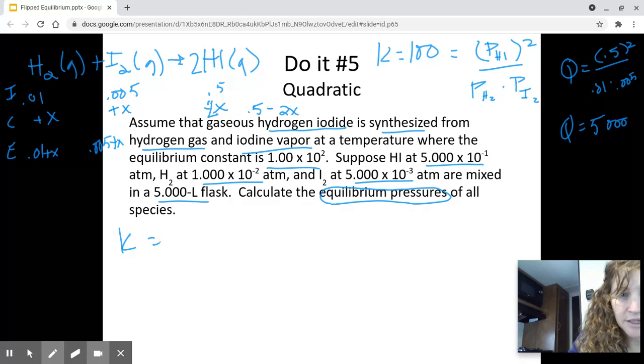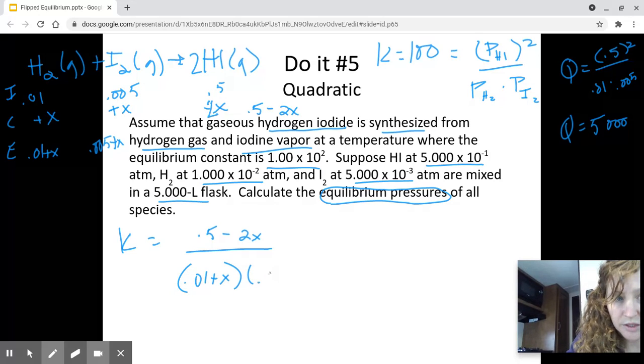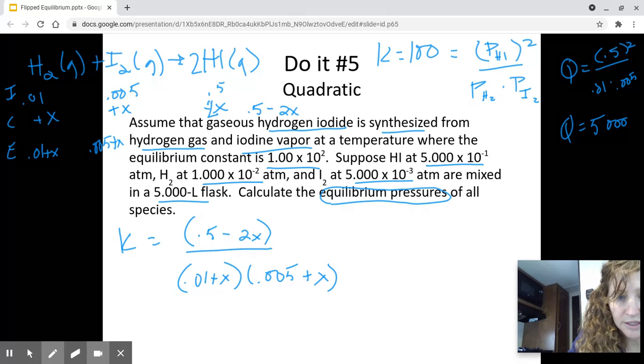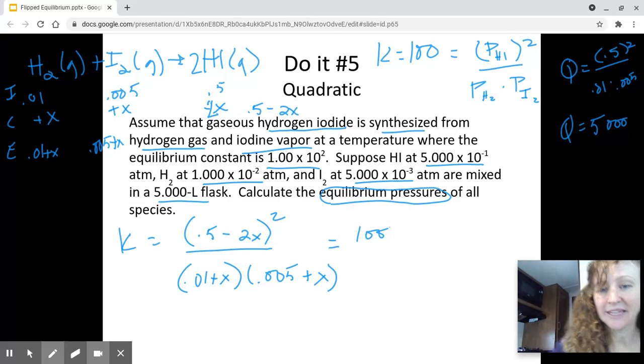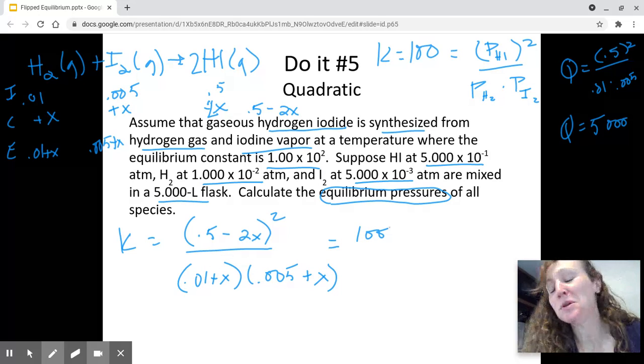So K is going to equal 0.5 minus 2x over 0.01 plus x times 0.005 plus x, and the top of this is going to be squared. Yikes. That's a beast of an equation. Okay, so here we go.